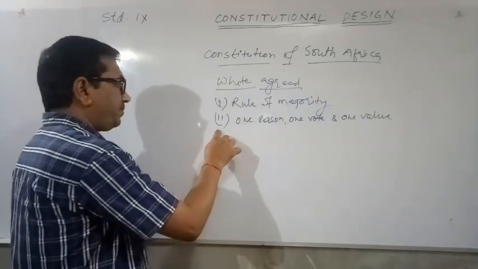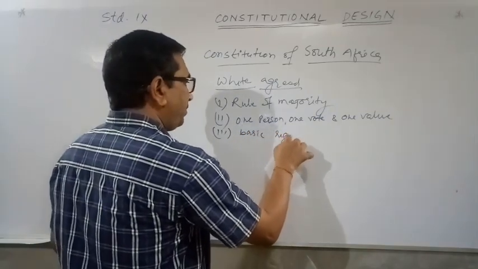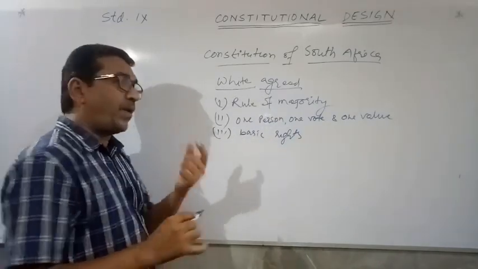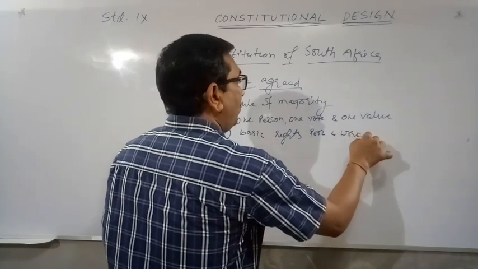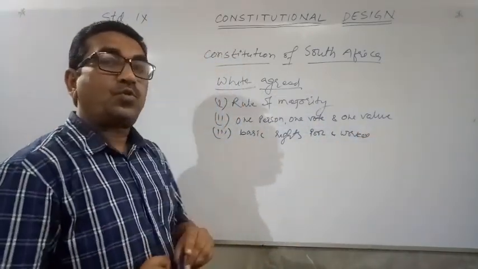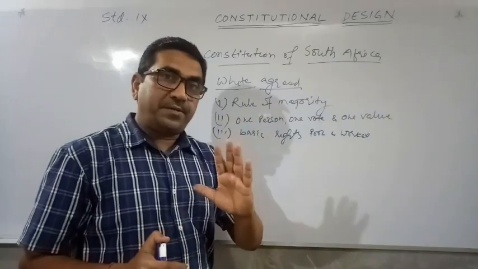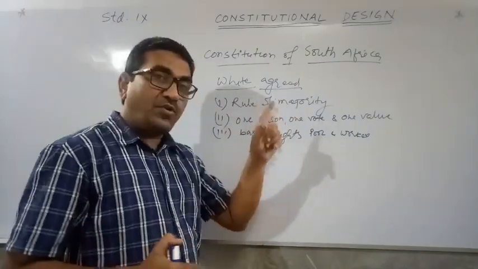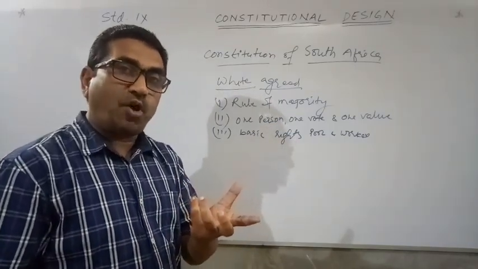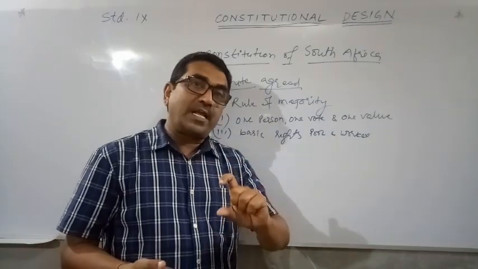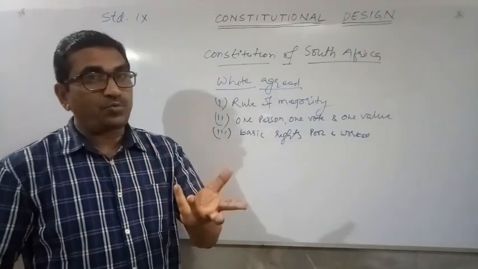Then they also agreed that some basic rights should be provided to the poor and workers. On these three conditions, the whites agreed. What were they? The rule of the majority: obviously the election had taken place, and ANC would form the government because they required only 201 seats and got 252.